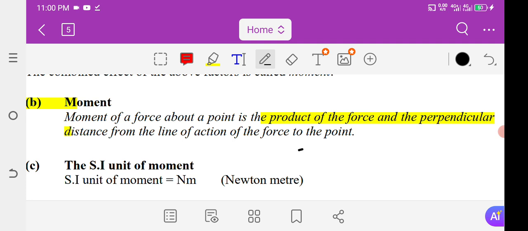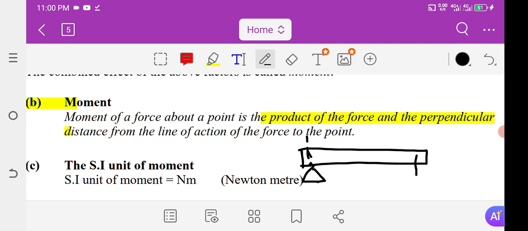Let's say we have a body such as this, which is pivoted somewhere. Pivoted means it can be made to turn about that particular point. For us to have a turning effect, we must apply a force somewhere here.